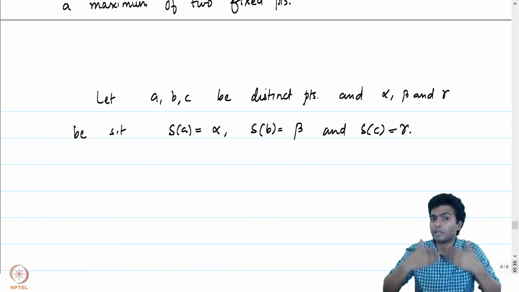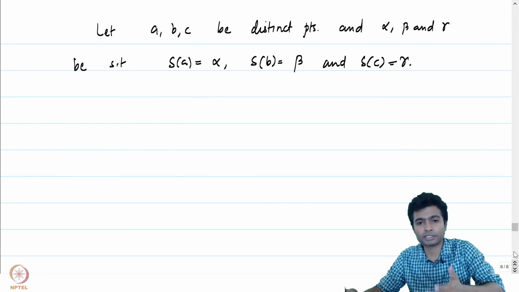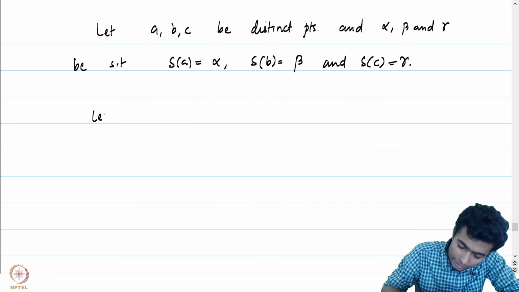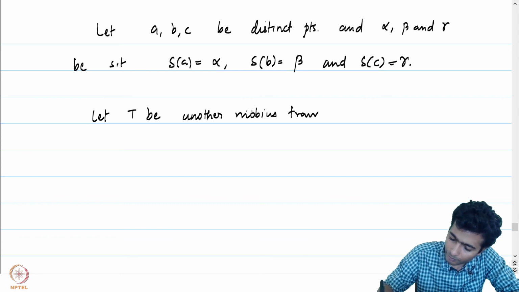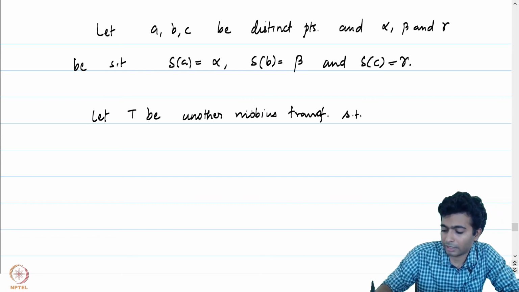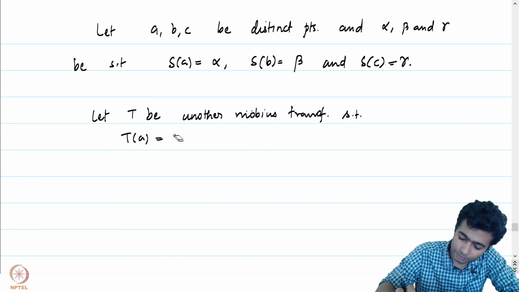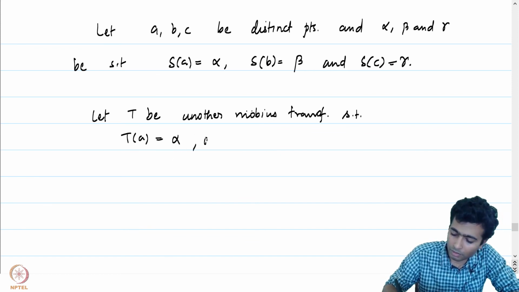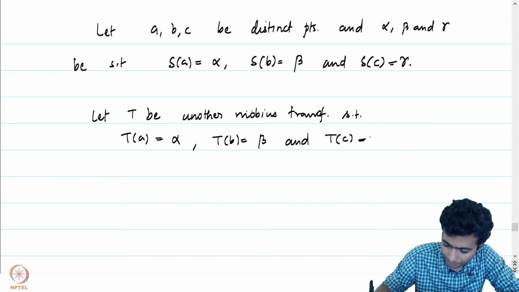Let's now take some other Mobius transformation which does exactly the same. Let T be another Mobius transformation such that T of A is equal to alpha, T of B is equal to beta and T of C is equal to gamma.